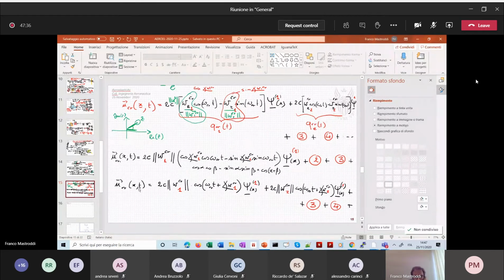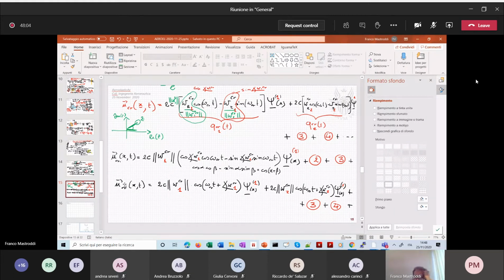This U critical is what you see during the flight in critical condition. It is exactly what you saw before looking at the movie involving the B-52 aircraft. You see this kind of mode, this kind of motion.